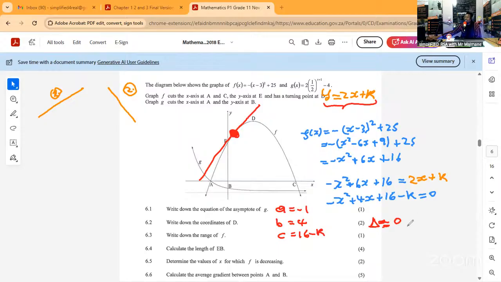And then according to nature of roots, delta is b squared minus 4ac, and this equals 0. So 4 squared minus 4 times -1 times (16 minus k) is equal to 0. Let's solve for k and compare our values.